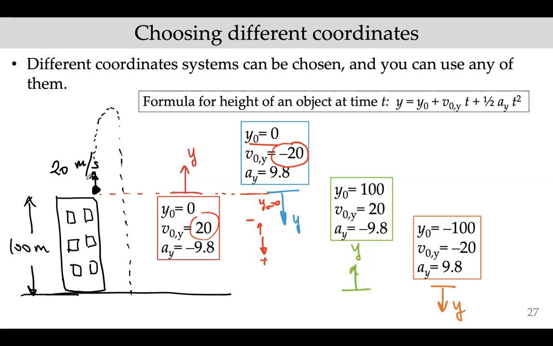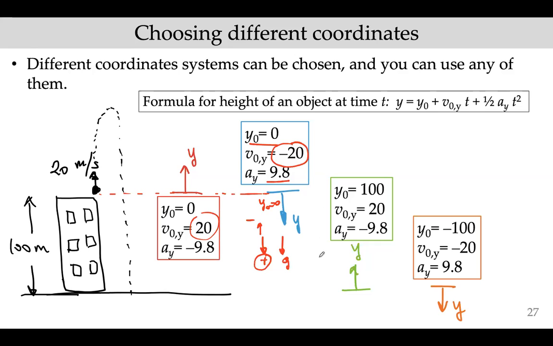The initial velocity with respect to this blue coordinate system is in the negative direction. That's why we use -20. As for the gravity of the Earth, g is always down, and this coordinate system defines down to be positive. That's why you use +9.8.